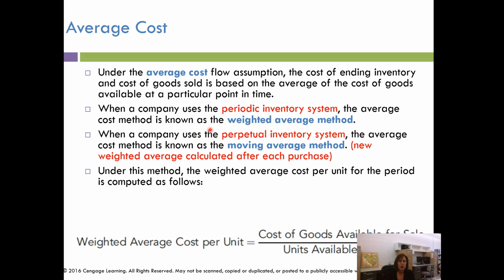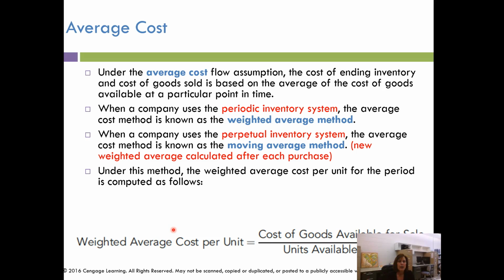So with the weighted average, we do one average calculation. Everything we sell in that period is at that price. Whereas with the perpetual method, every time we purchase new stock in our inventory that's at a different price, we then have to do a new weighted average calculation, and then the stuff that we're selling is at that new cost.